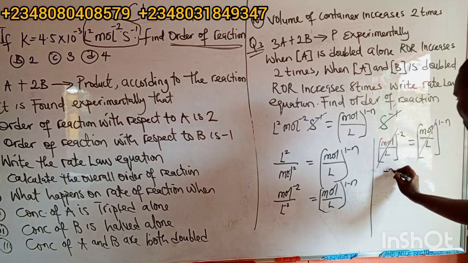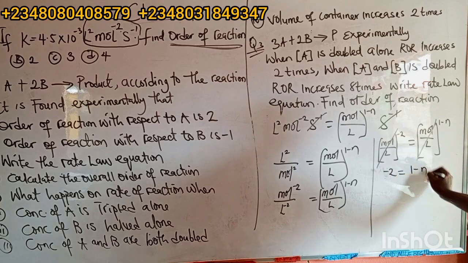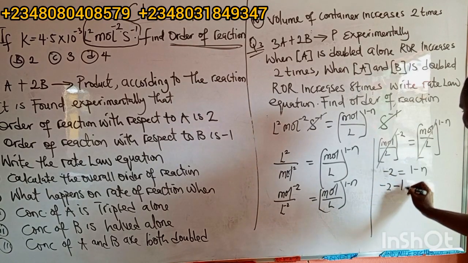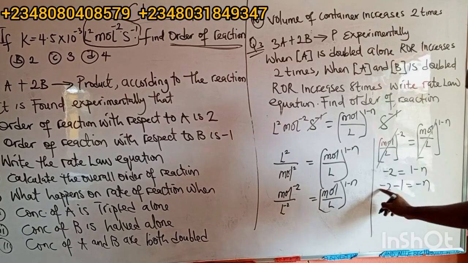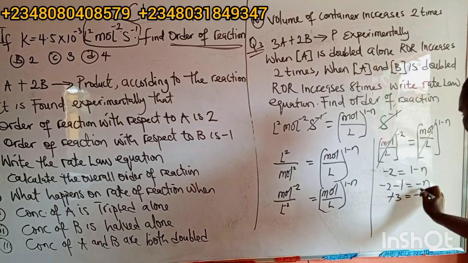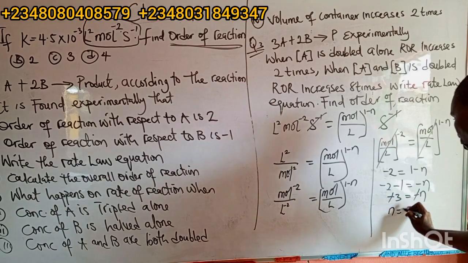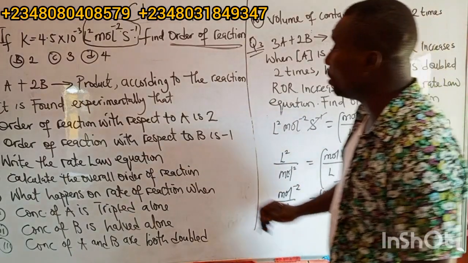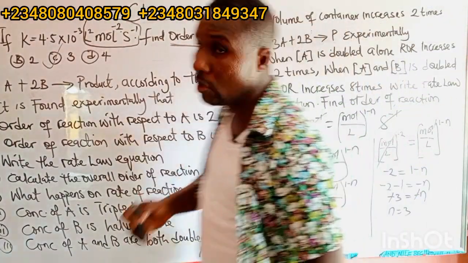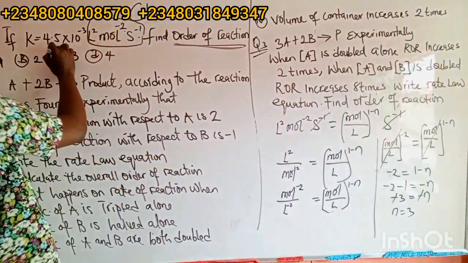Then we have minus 2 equal to 1 minus n, isn't it? Cross over, you have minus 2 minus 1 equal to minus n. Minus 2 minus 1 will give you minus 3 equal to minus n. The minus cancels minus. Therefore, n equals 3. That means it is third order. The answer is third order.